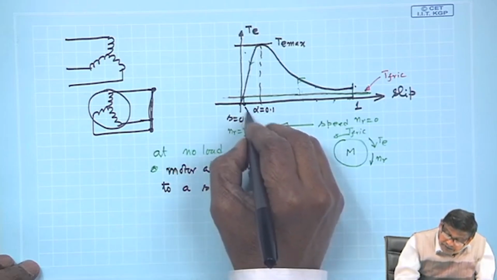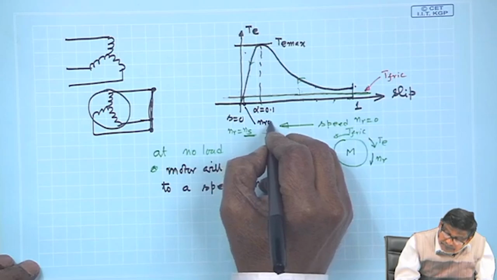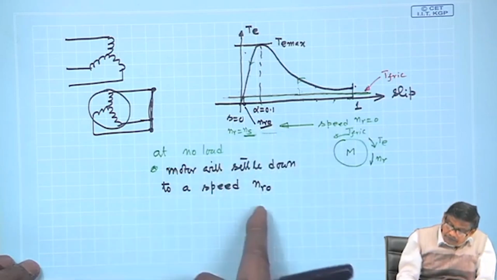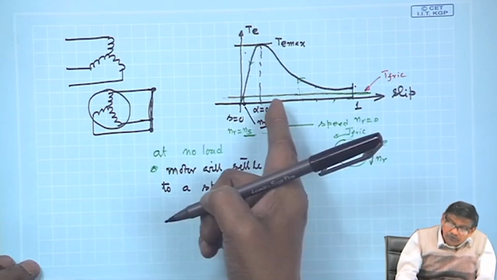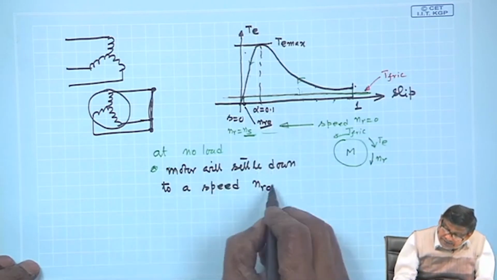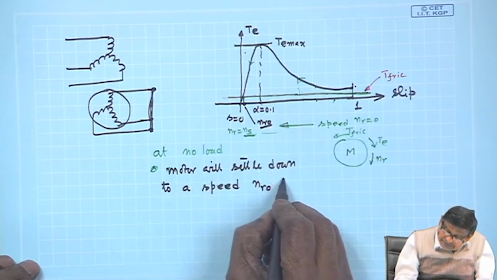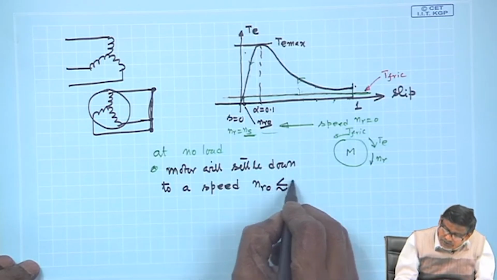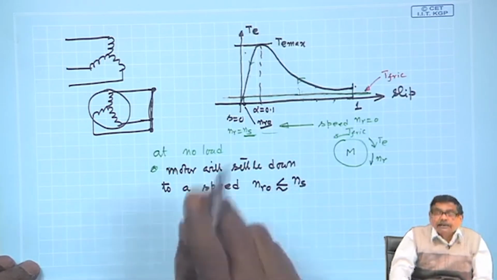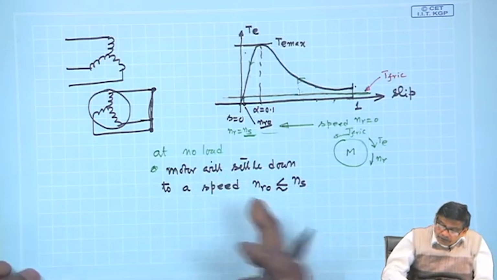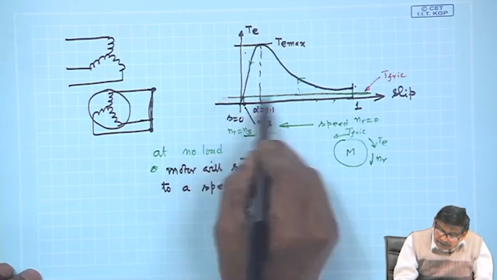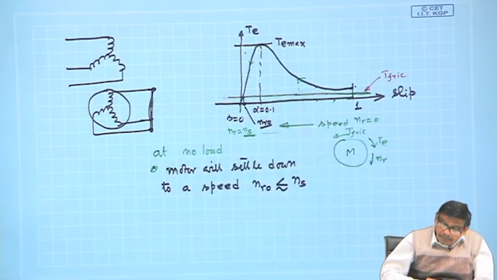This point is NR0, to a speed NR0, where these two torques balance, and this NR is less than but very close to NS. That is what I want to tell. Why is it very close to NS? Because T friction itself is small and machine will settle down there.